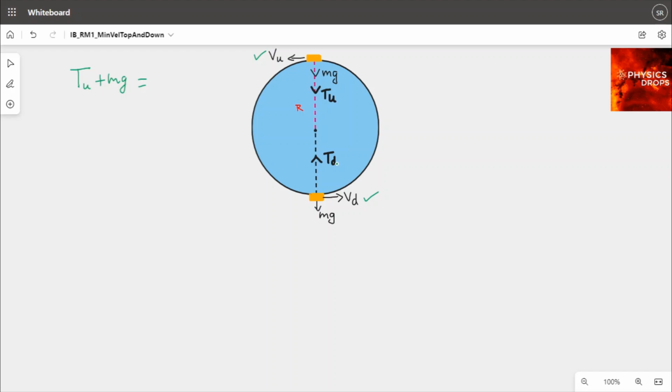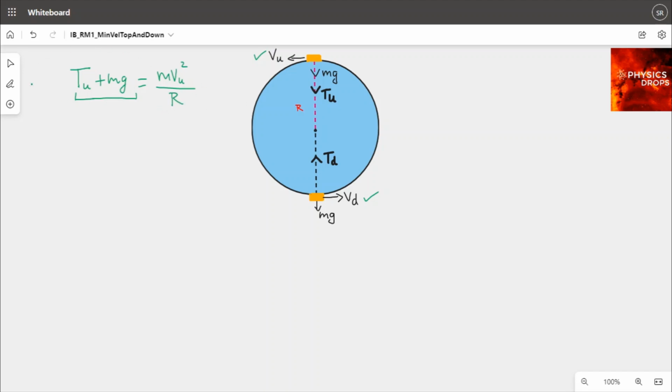But we also know that for a circular motion, the force pulling towards the center is called the centripetal force. So these two add up to nothing but centripetal force. Centripetal force is given by m Vu square by r, where Vu is the velocity at the up position.